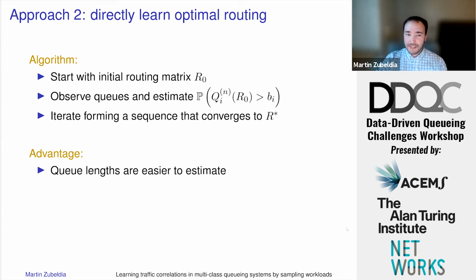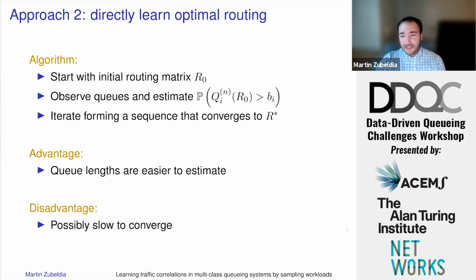The advantage of this is that the queue lengths are much easier to estimate than the covariance matrix when done directly. But the disadvantage is that this is possibly slow to converge, because you need to iterate with different routing matrices and do an estimation step for each one of them. So it could take a long time.